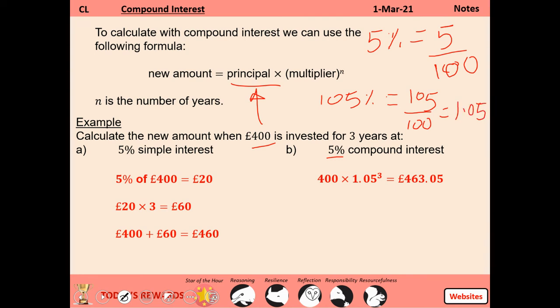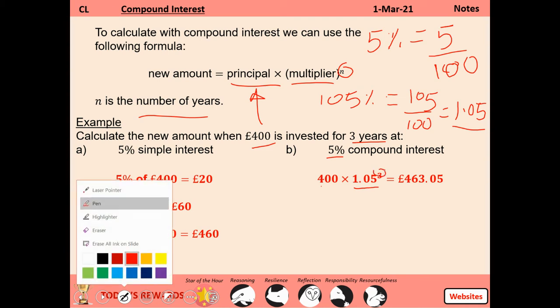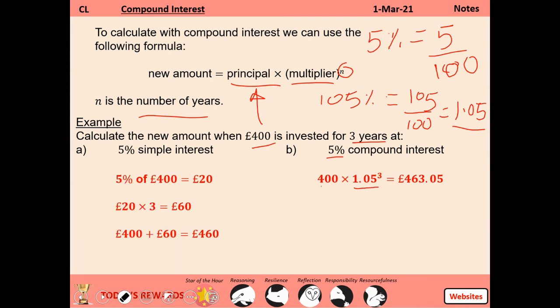Okay, so our multiplier would be 1.05. And then n, which is the number of years you invested in, is 3 years. Okay, so 400, my original amount, multiplied by my multiplier 1.05 to the power of 3 gives me £463.05.